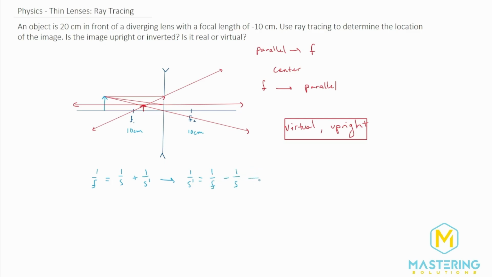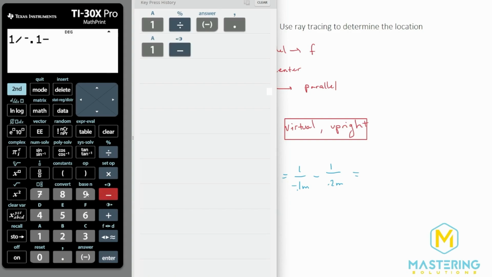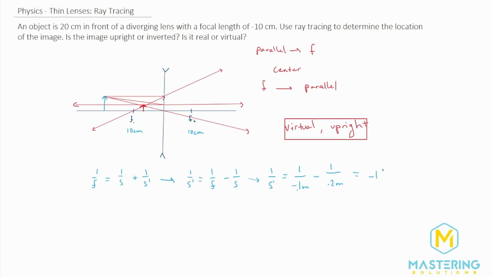Now we put our values in: 1 over the image distance is equal to 1 over the focal length, which we said was negative 0.1 meters, minus the object distance, which is on the upstream side of the lens, so it'll be a positive value, 1 over 0.2 meters for the 20 centimeters. That gives us 1 divided by negative 0.1 minus 1 over 0.2, and so we have negative 15.